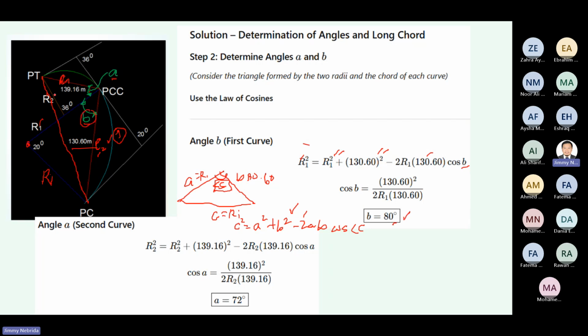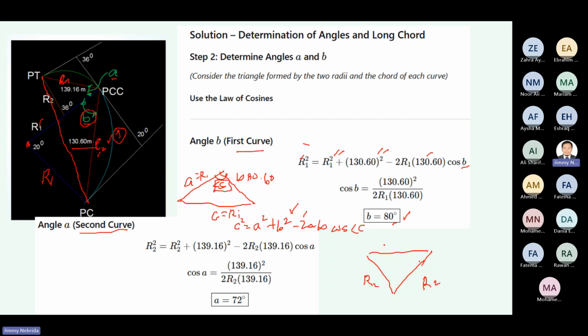Now, similarly, if we consider the second curve, this one is the first curve. This is R2, this is also R2.